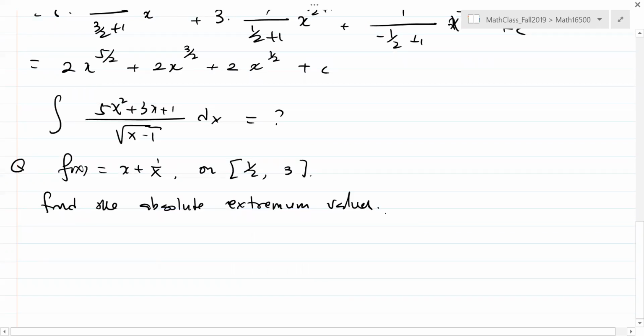Now, this is a continuous function, so it definitely has an absolute maximum value and an absolute minimum value, right? So the question, how to find it?